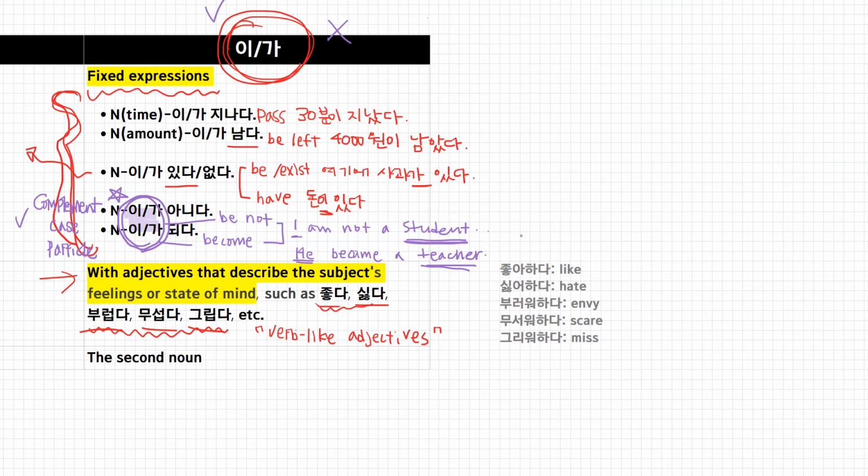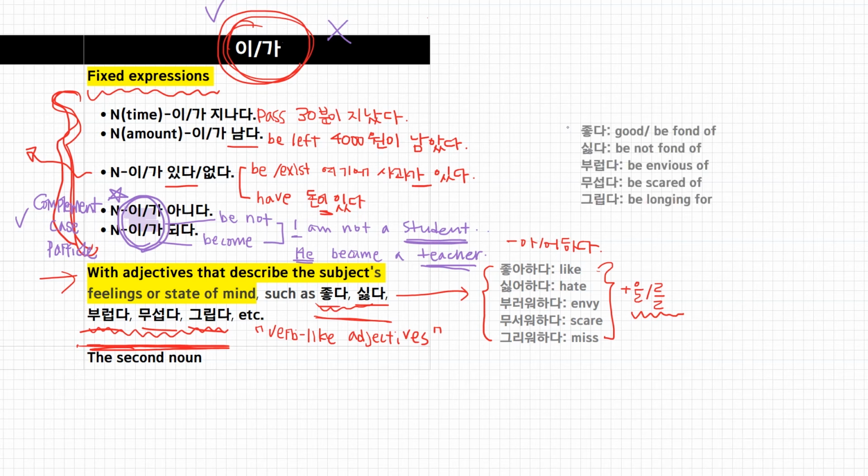By adding 하다, you can make verbs out of these adjectives. These verbs are transitive verbs, meaning they need to have objects. So these verbs are used with 을를, the object particle. But these are adjectives, meaning they cannot take the object, but they need to have an extra noun.